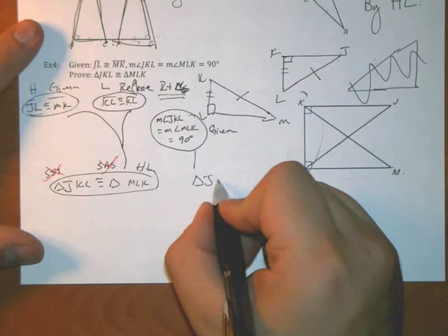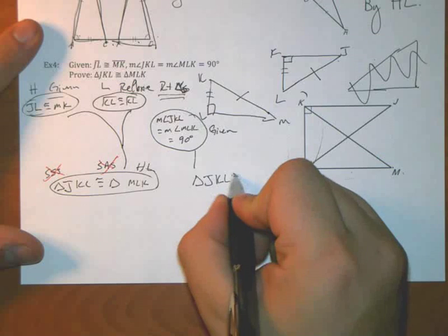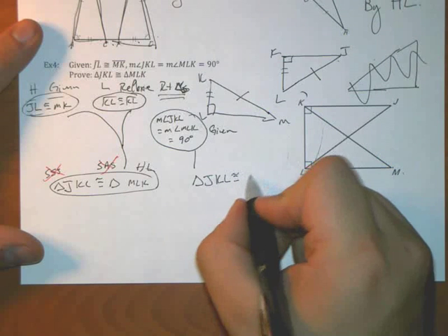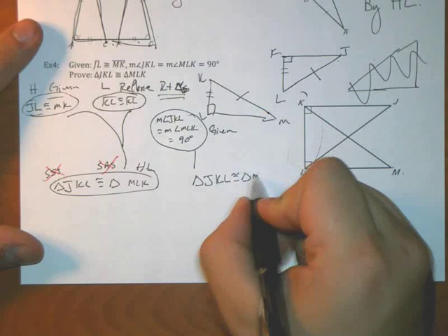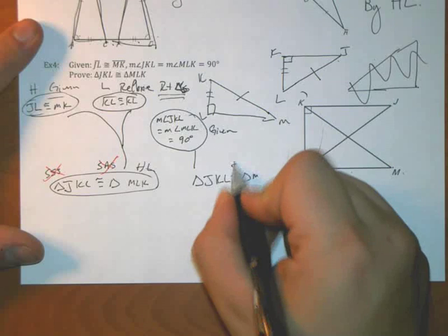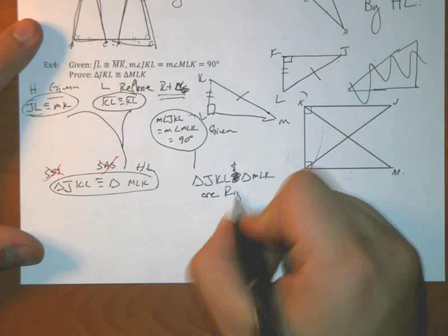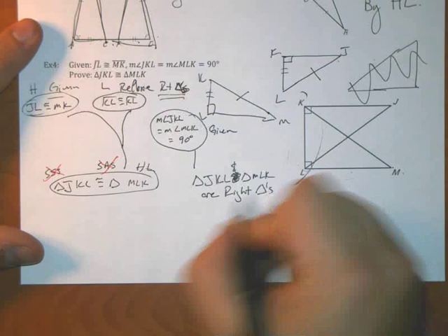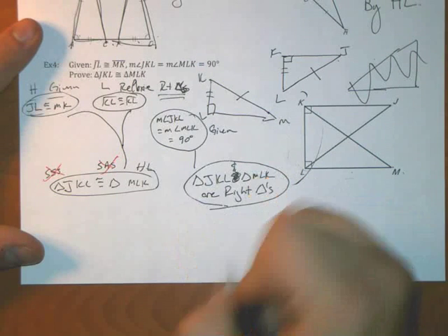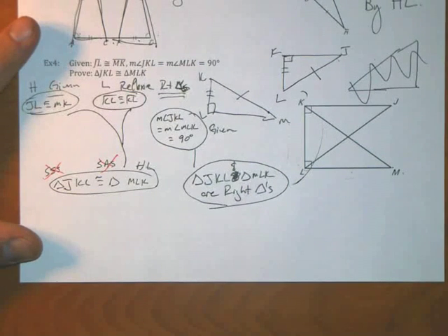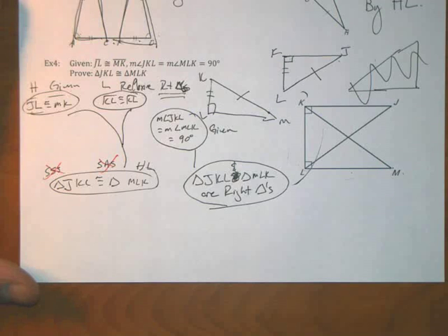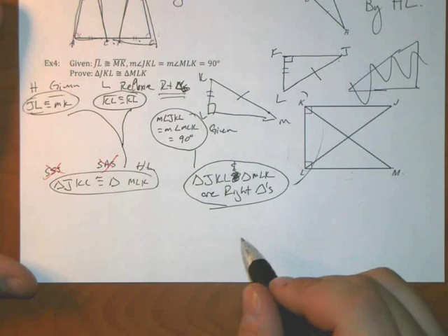So in between, I've got to claim that the triangles I'm trying to prove congruent, JKL and MLK, are right triangles.